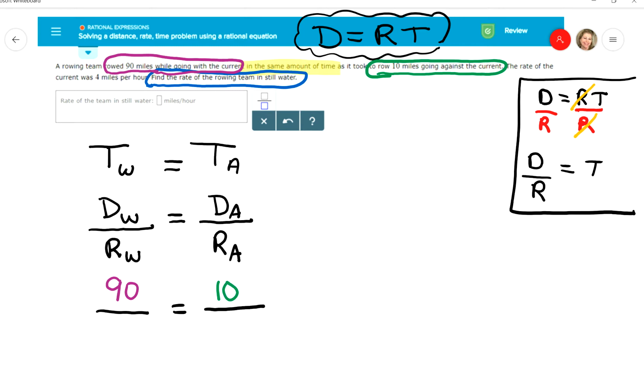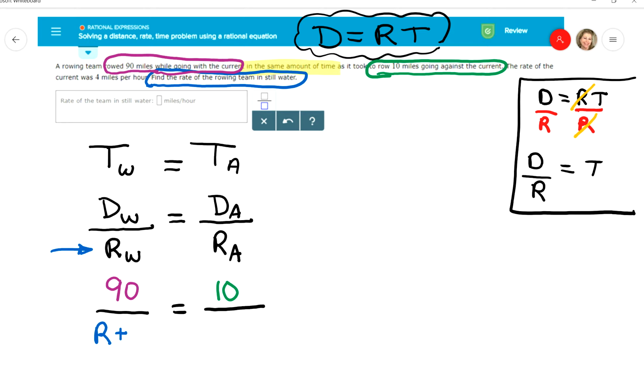But here is where, when I was talking about, as a kid, canoeing or riding my bike, when you are looking at this right here, if I'm looking at the rate at which they are rowing with the current, I'm looking for the rate R in still water. But the rate they go with the current, remember the current, if you're going with the current or riding your bike with the wind, that's going to speed you up.